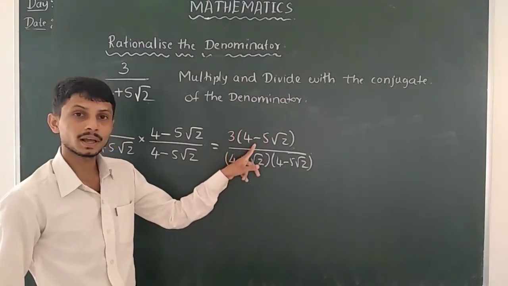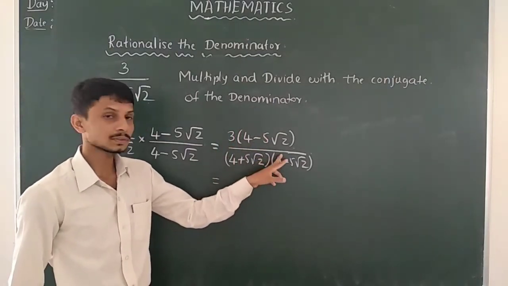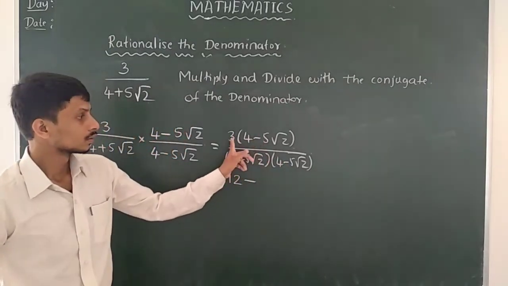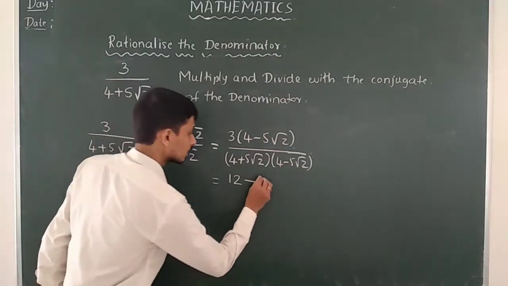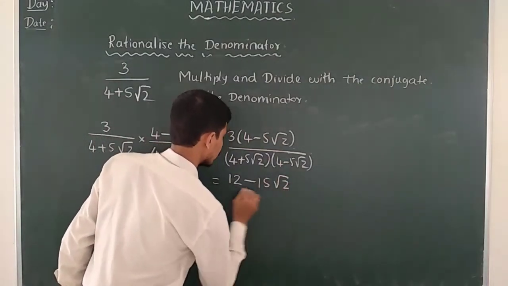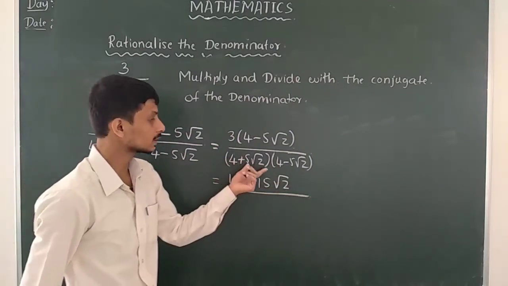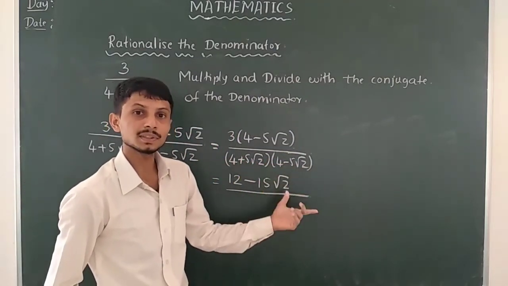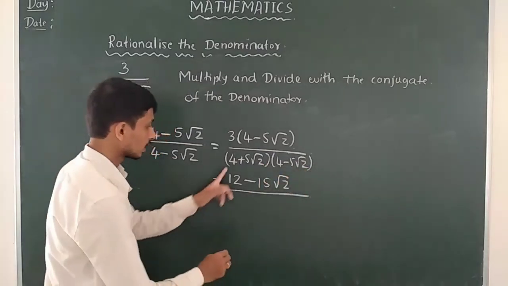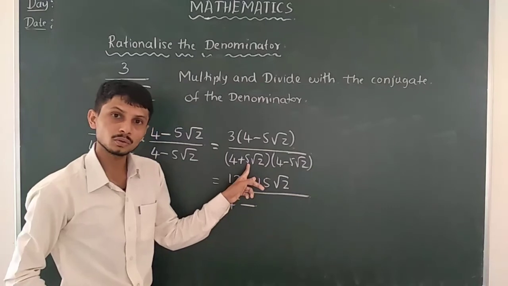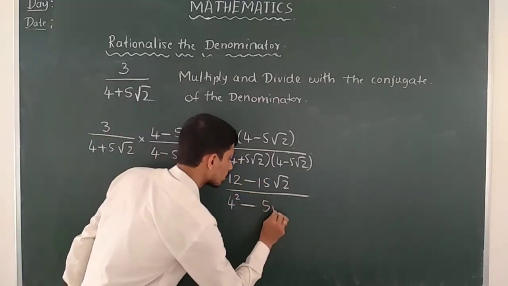Here we multiply 3 with 4 minus 5 root 2. 3 into 4 is 12, minus 3 into 5 is 15 root 2, divided by 4 plus 5 root 2 into 4 minus 5 root 2. It is a plus b into a minus b, so it's a square minus b square. It is 4 square minus 5 root 2 whole square.